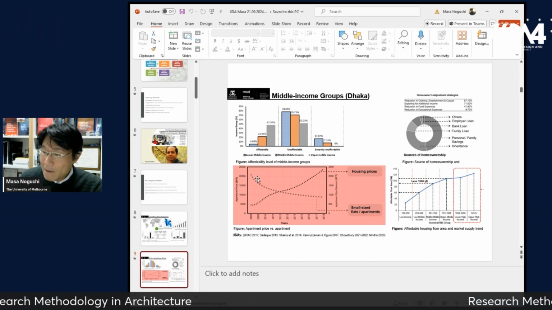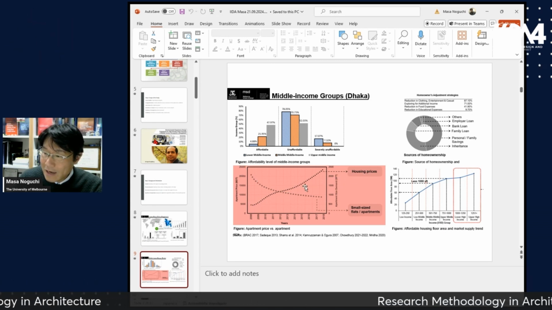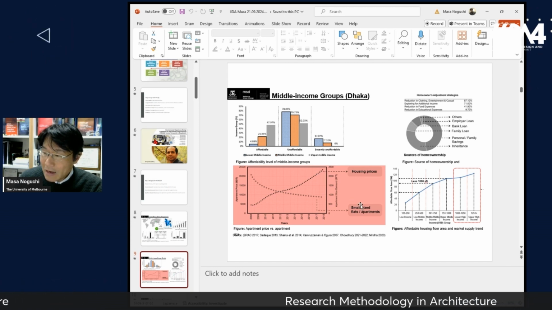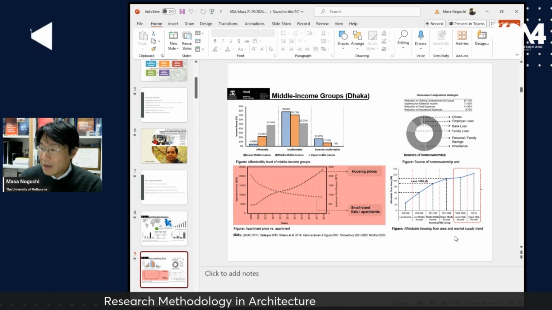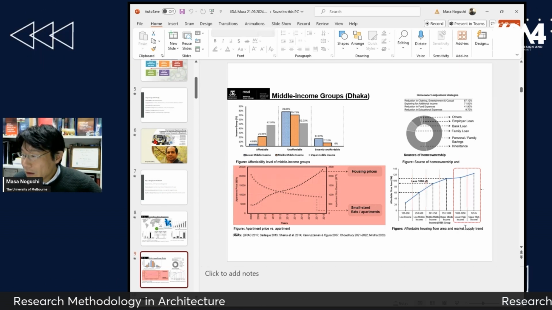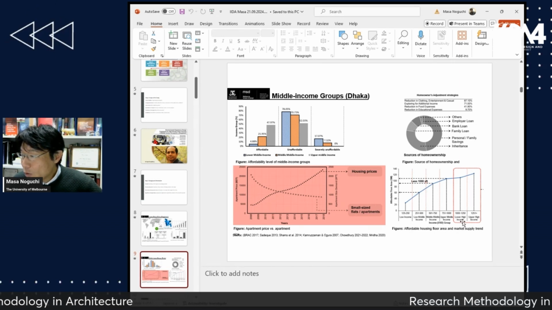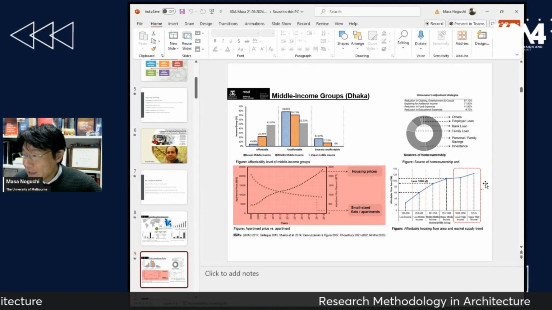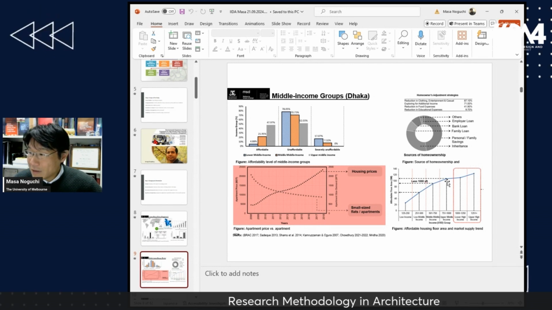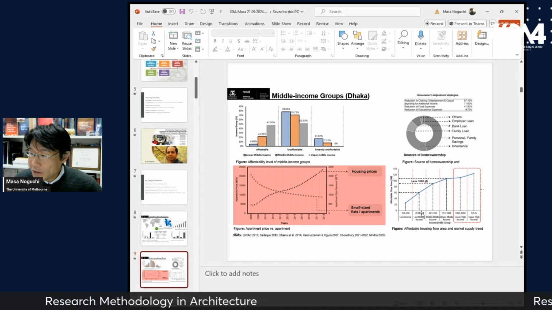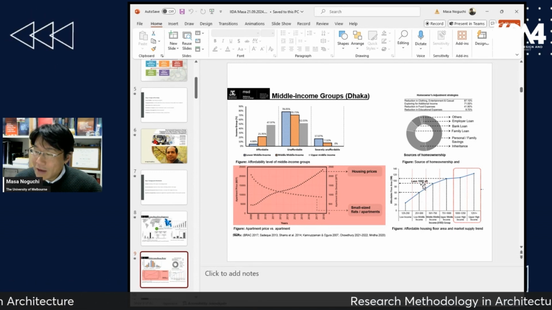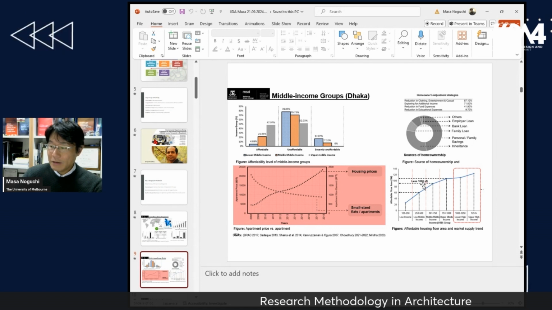Anyhow, the housing price is getting higher and higher, and the size of the house is getting smaller and smaller. High income people tend to live in a little bigger house as opposed to middle income and low income people. They live in houses of around 100 square meters.